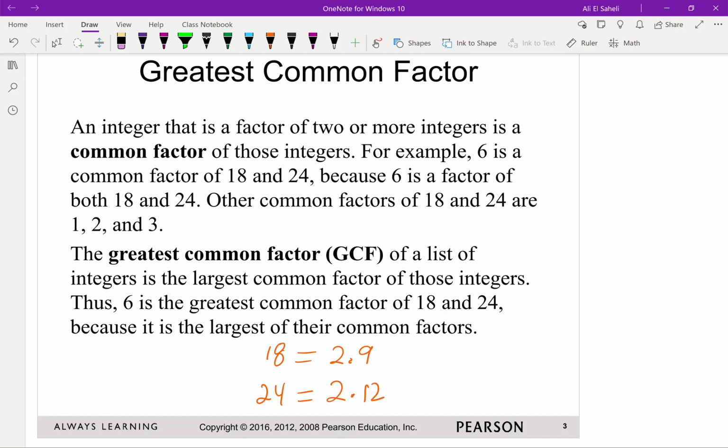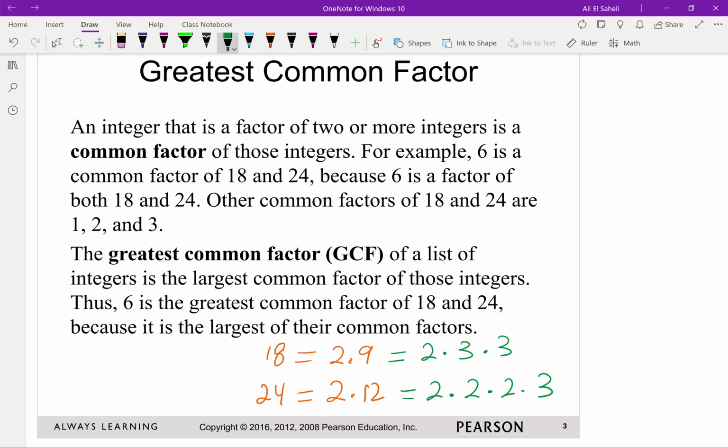Okay, so 18 can be written as 2 times 3 times 3. 24 can be written as 2 times 12, which is 2 times 6, which is 2 times 2 times 3.